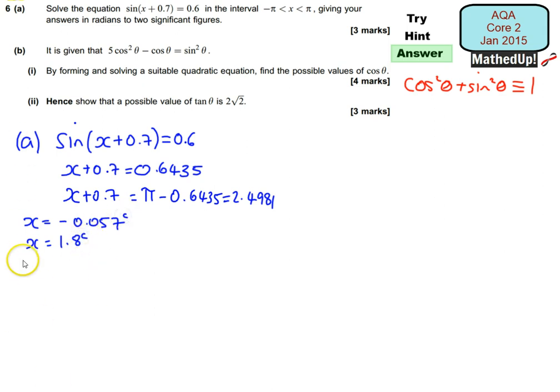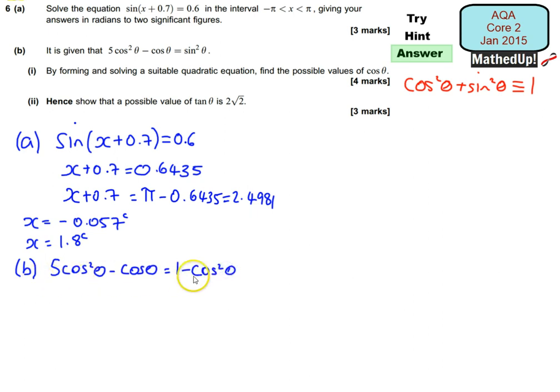Okay, and then for part B, it is given that 5 cos squared theta take away cos theta is equal to sine squared theta. So I'm going to use this identity over here, and I'm going to replace sine squared theta with 1 take away cos squared theta. So that's going to become 5 cos squared theta take away cos theta is equal to 1 take away cos squared theta.